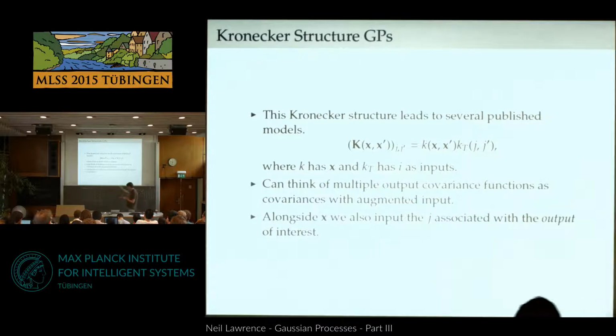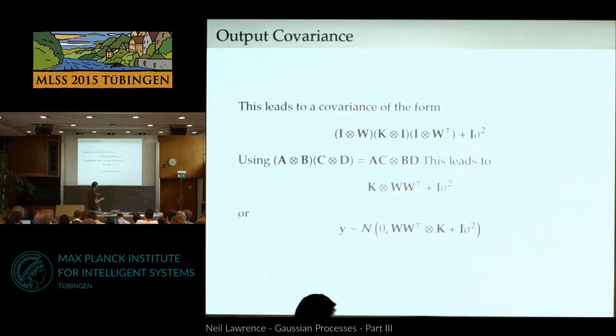Well, because in this case we can actually rewrite this object as B Kronecker K, where B is W W transpose, and this is known, in geostatistics, as the co-regionalization matrix, because it's about how co-located outputs work together. So this matrix B is a co-regionalization matrix.